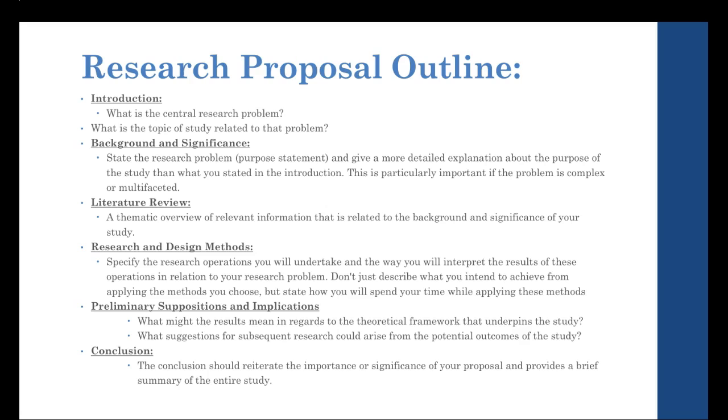The conclusion will then become your discussion and conclusion when your paper is finished, but everything else for the first 5 areas will be included in your final write-up as well in your critical assignment. So we're going to go through each of these individually so you really have a good idea of what it is we'll be looking at.